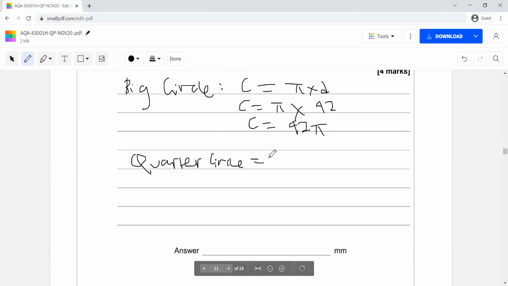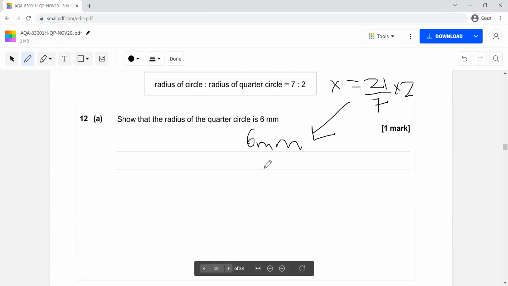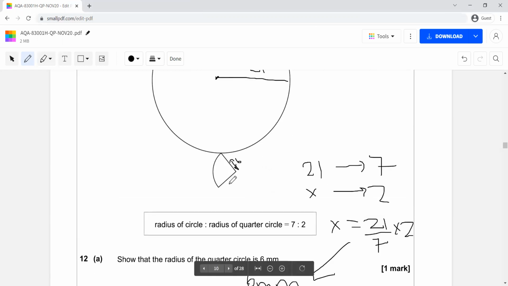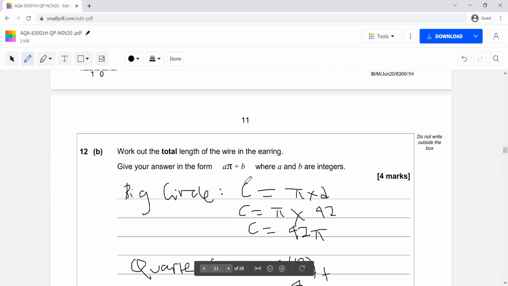So for the circumference of the quarter circle, we will do pi times the diameter again, which in this case is 12, because the radius is 6, and then divided by 4 because it's a quarter. We also have to add on these extra two lengths, which are both equal to 6.